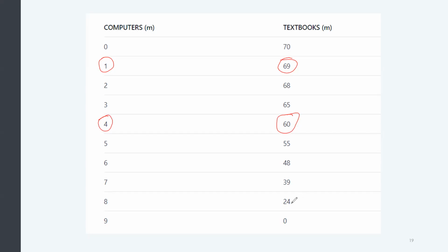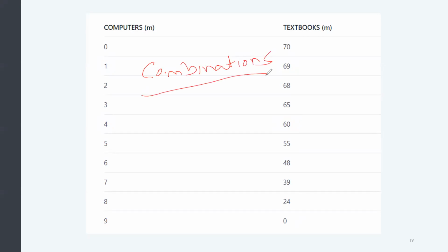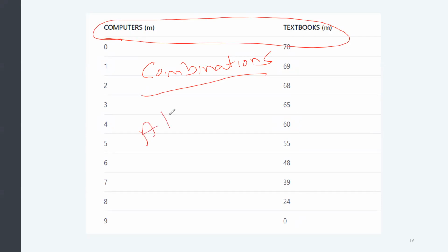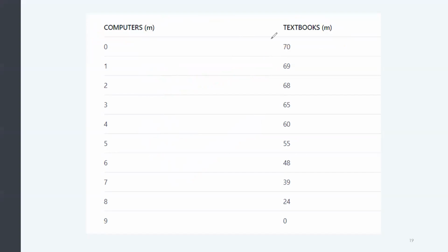So in essence, the production possibility curve shows us the different combinations of the products that an economy can produce if it utilizes all of its resources. That's a typical exam question, the definition of the production possibility curve.